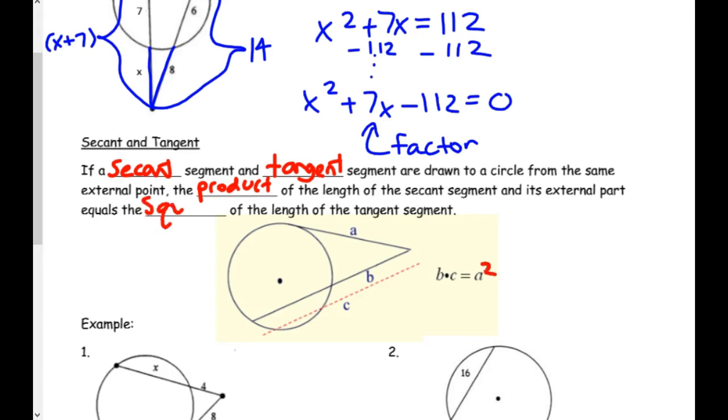The square of the length of the tangent.